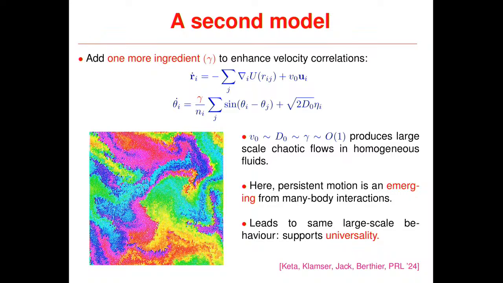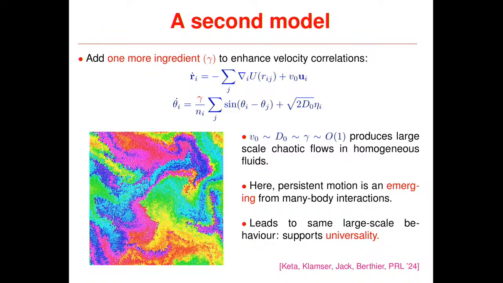So this is the ABP term. And normally in ABPs, the angle is rotating with just noise. What we put here is just a little bit of alignment, with the following intuition: if you have self-propelled particles with just a little bit of persistence time, and a little bit of alignment, they will be flowing together for long times. So by interactions, you can increase the persistence time. So this is the idea.